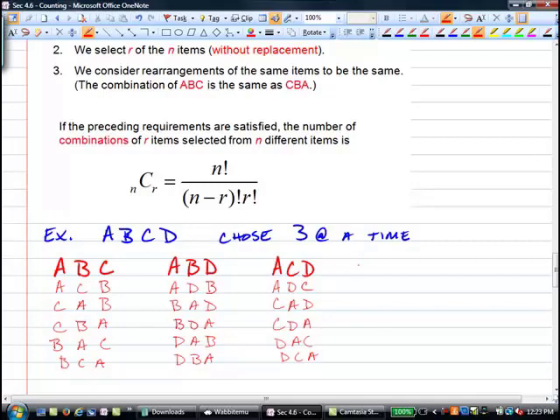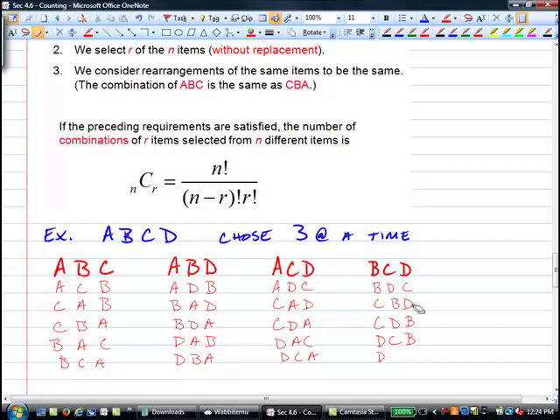Now I'm going to leave the A out and have BCD, BDC, CBD, CDB, DBC, and DCB.